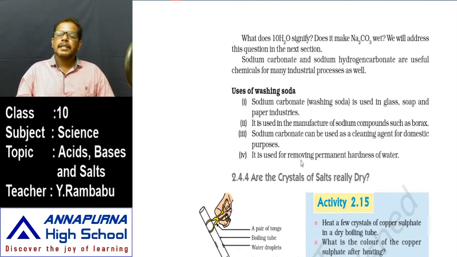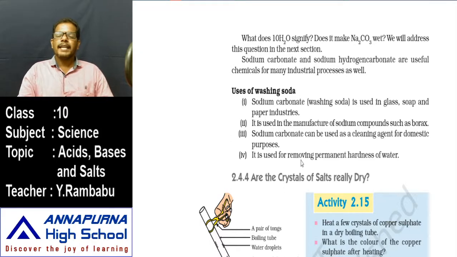That hardness of water is due to the presence of some salts, such as carbonates, sulfates and chlorides. When sodium carbonate is added to water, the salts which cause the permanent hardness of water react with the sodium carbonate and settle as undissolved components in the water. Like that, the permanent hardness of water is removed. These are the uses of washing soda.